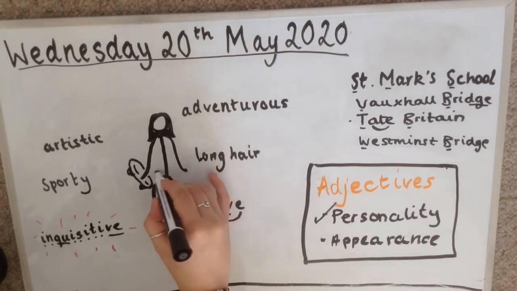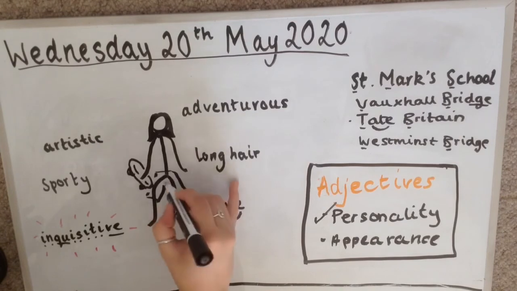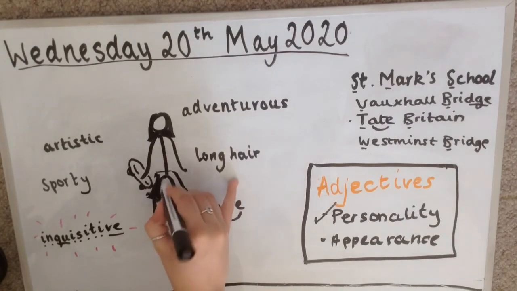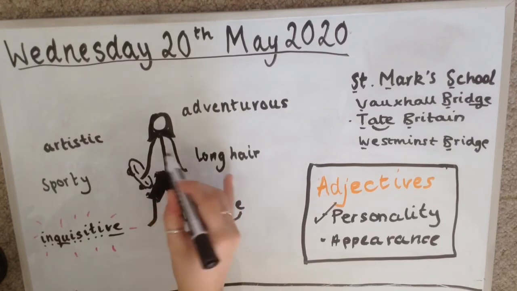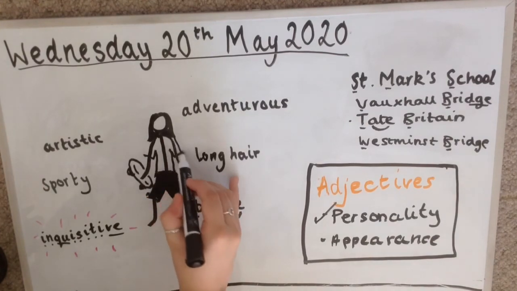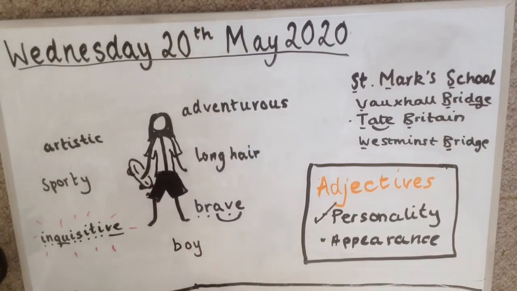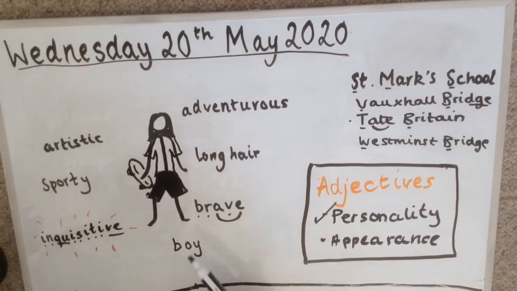And because of that, I'm going to then draw on some shorts. Colour those in. And give him a t-shirt. Okay, so I've got that he is sporty, he has long hair, he's a boy.